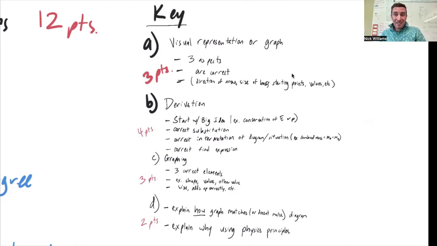They'll look for 3 points, and the 3 points are that 3 aspects of that are correct. Things that they could be looking for is the direction of the arrows, right? Is the size of the bars on the bar graph correct? Are you starting at the right point? Are your values correct based off of what's given? Do you have this one bigger than the other one?